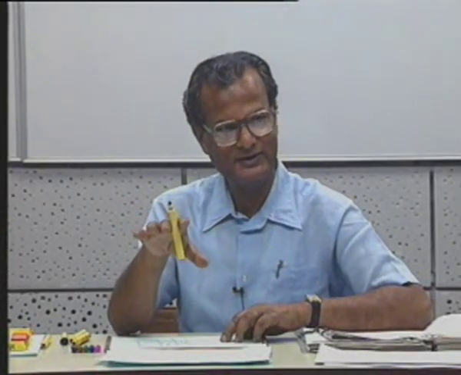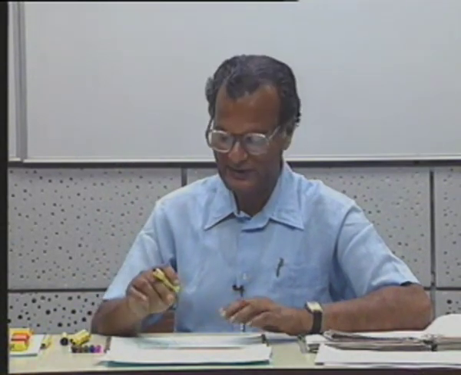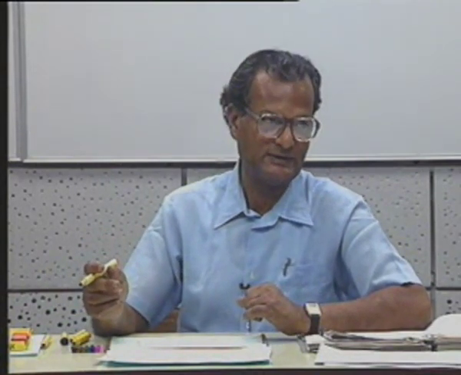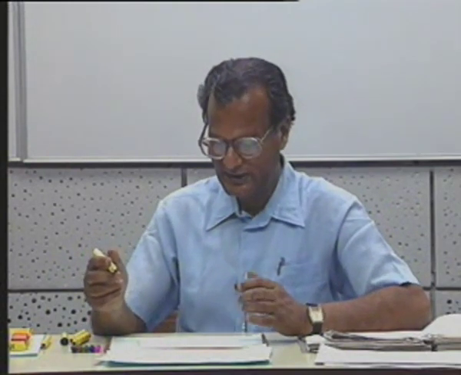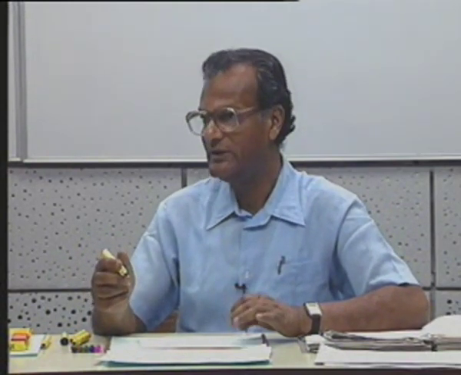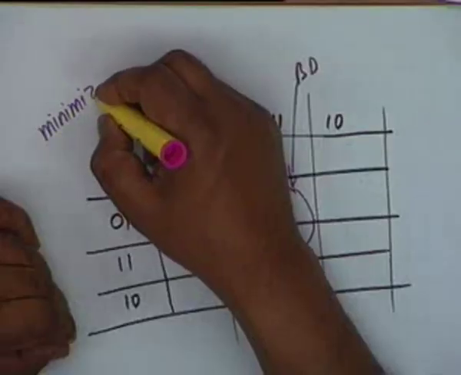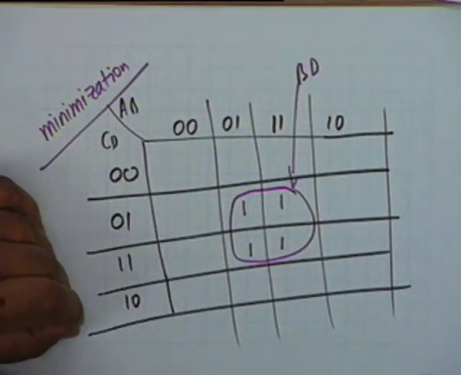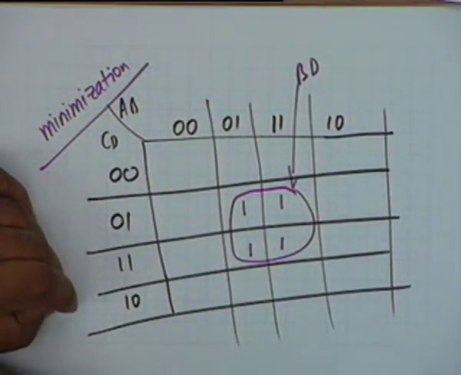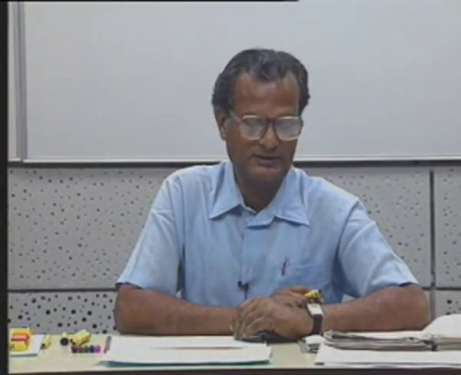Unfortunately, only up to 4 variables. If it is more than 4, then this map becomes very complicated, and one is not able to minimize. The simplification that we have been doing is technically known as minimization. For more than 4 variables, Karnaugh map is not used. There are alternative methods for minimization.